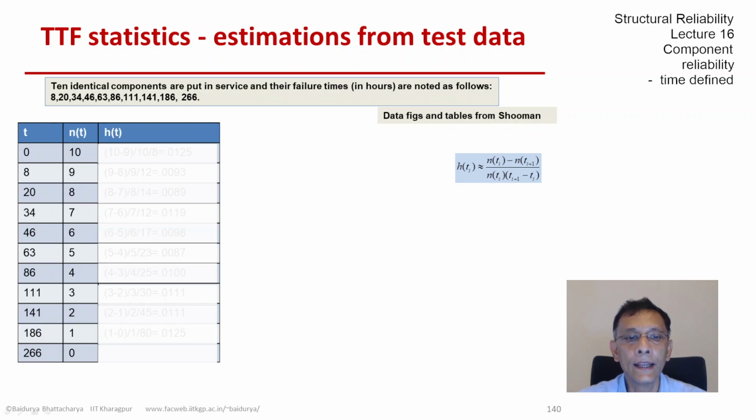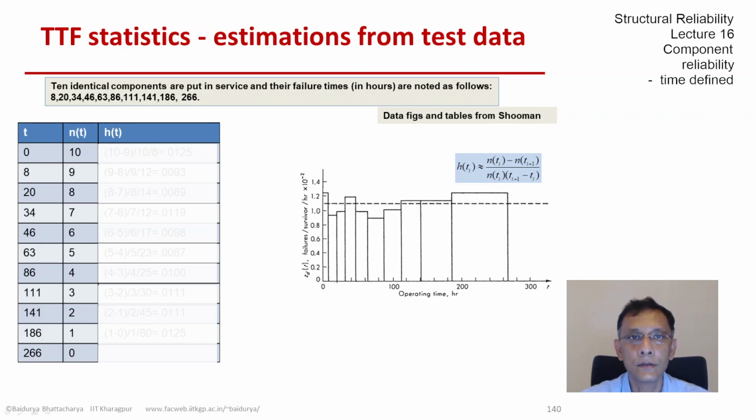So again, we are estimating with one step forward, so we'll be able to have only 10 estimates, and then that divided by the number of surviving elements at the time instant of interest, and divide that by the length of the interval. So if you remember, we are dividing the density function by the reliability function. So let's do that step by step.